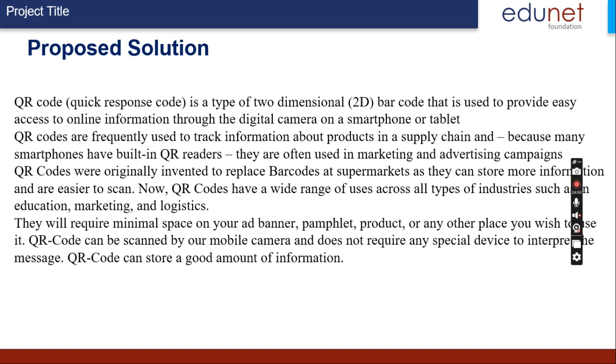Now, QR codes have a wide range of uses across all types of industries such as education, marketing, and logistics. They require minimal space on your ad banner, pamphlets, product, or any other place.